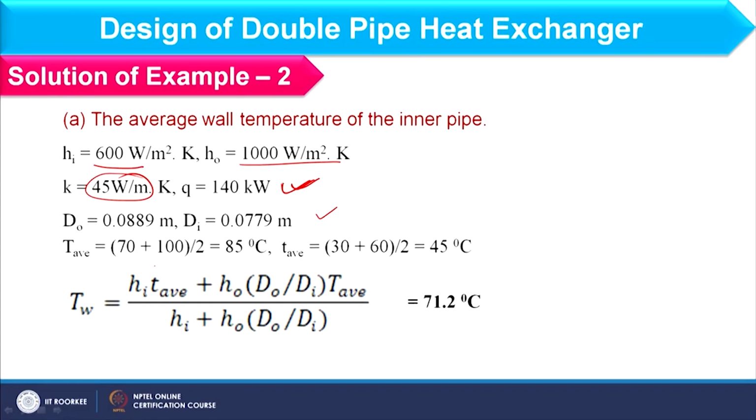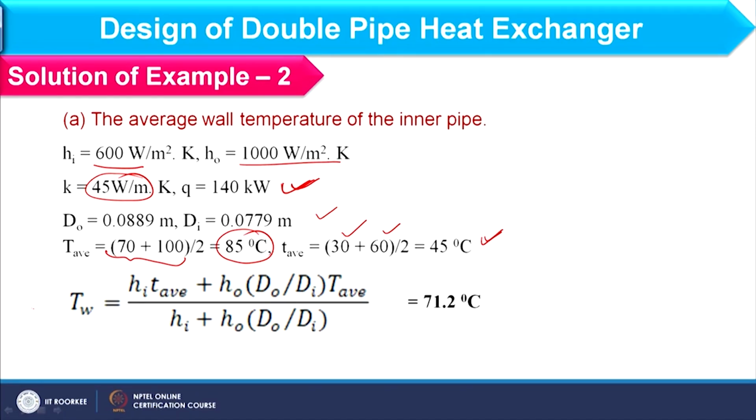Average temperature depends on the terminal temperatures, and for both fluids you know the terminal temperatures. So, the average temperature of hot fluid comes as 85 degree Celsius, and for the cold fluid, with terminal temperatures of 30 degree Celsius and 60 degree Celsius, the average temperature is 45 degree Celsius.